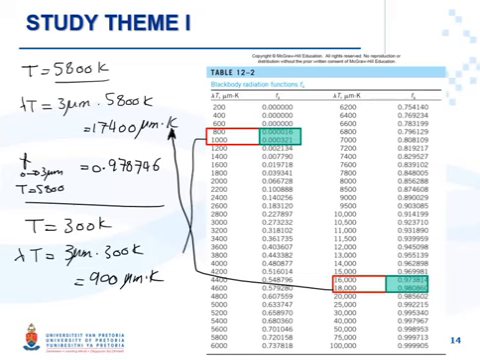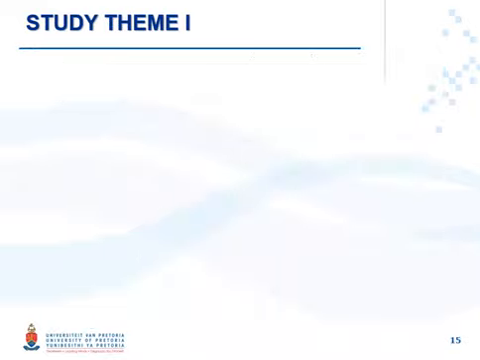From here we need to do the interpolation between 800 and 1000, and the blackbody radiation function between 0 and 3 micrometer for temperature of 300 Kelvin from the table will be 0.0001685.